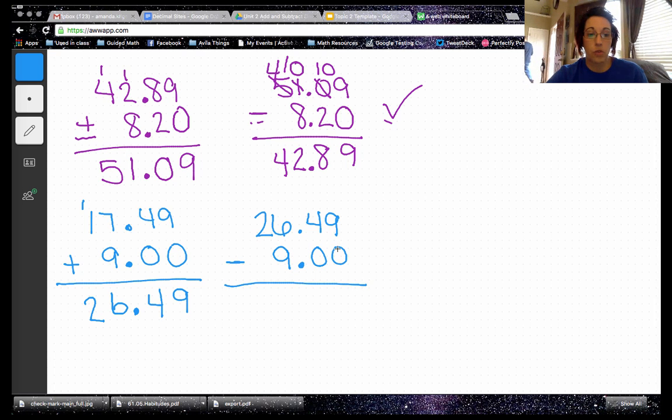And go ahead and subtract. 9 minus 0 is 9. 4 minus 0 is 4. 6, we have to regroup. 2 becomes a 1. 6 becomes a 16. 16 subtract 9 is 7. We bring our 1 down. Decimal, decimal, decimal. And our work checks.